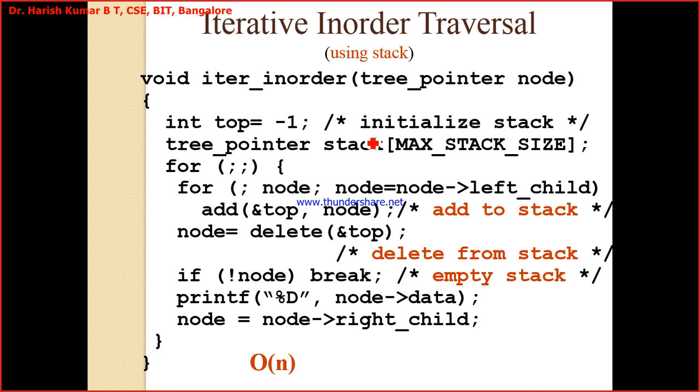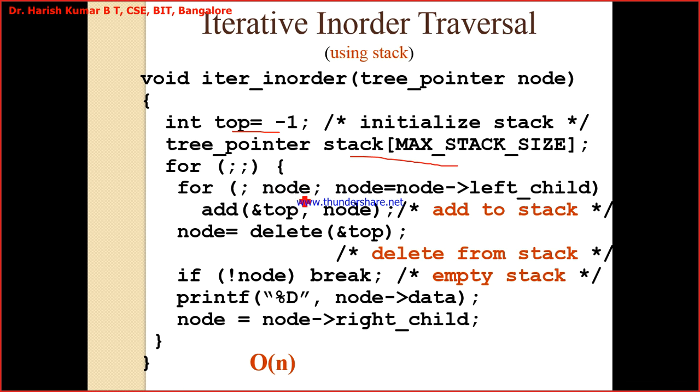Now what we are doing here is making use of this stack. So top is initialized to -1 and then this is the stack which is created, and I'm taking an infinite for loop, so there is no initialization.